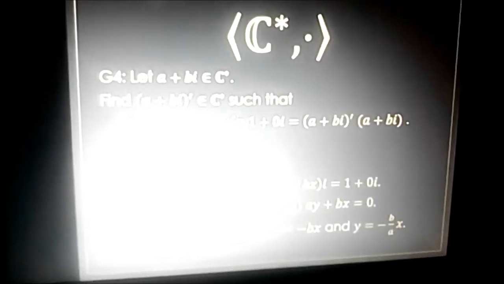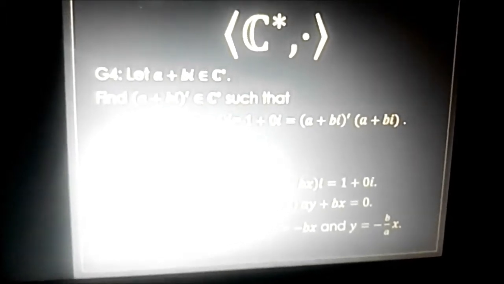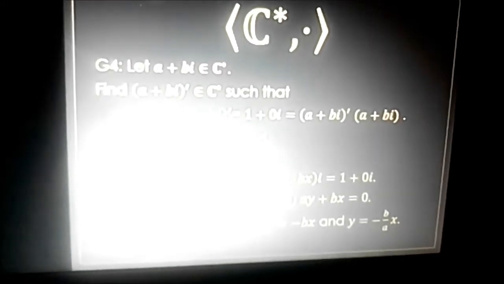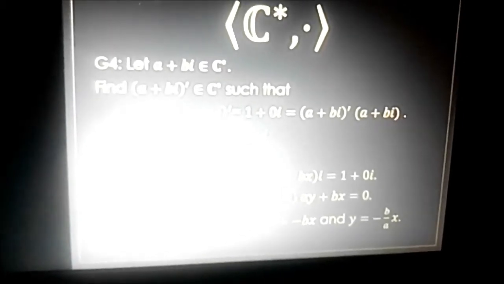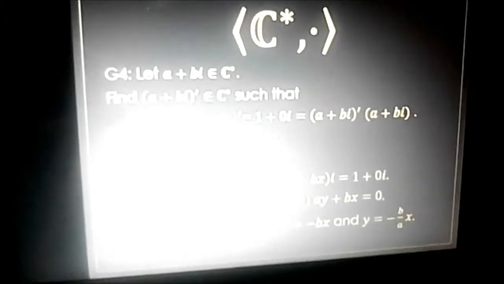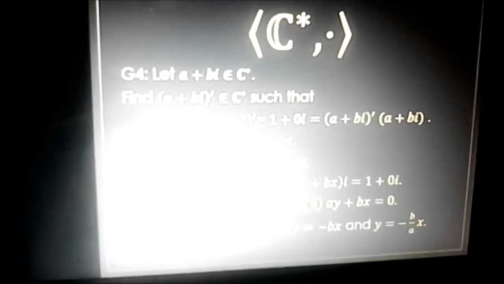Then, ay is equal to negative bx and y is equal to negative b over a multiplied by x. So, we consider a is not equal to 0, since if a is equal to 0, then it is undefined or it is just equal to 0.